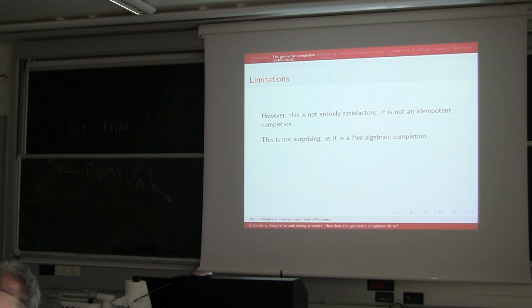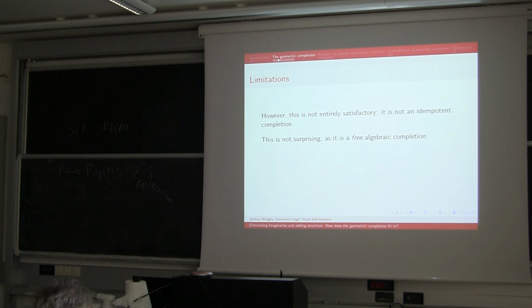On top of that, if we consider that to be the free geometric completion for primary doctrines, so it satisfies the universal property with respect to morphisms of primary doctrines, and we wanted to do the same for coherent doctrines or these other intermediate doctrines, then in order to get the correct universal property we would end up with a different notion of a free geometric completion. So the idea behind the full geometric completion is to take care of all of these different levels and take care of this idempotency.